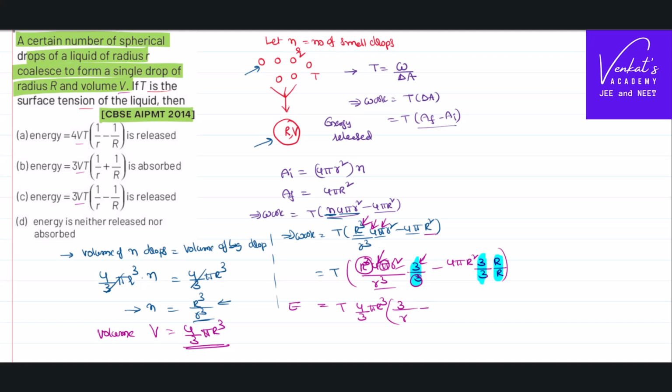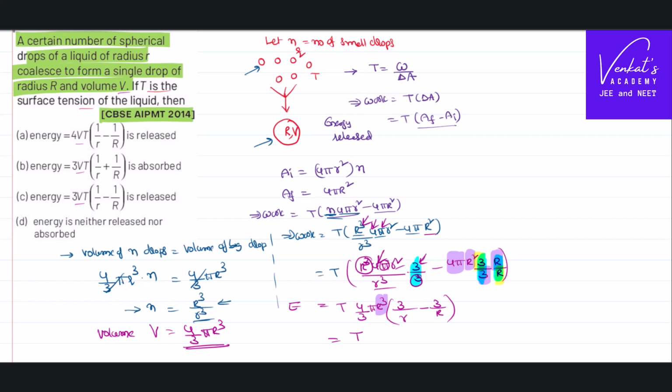Minus, what is remaining in the second term is 3 by capital R.